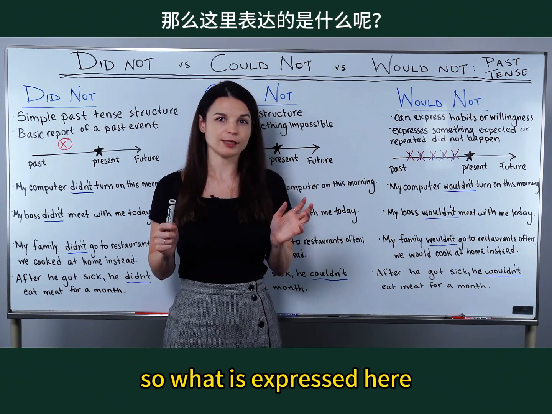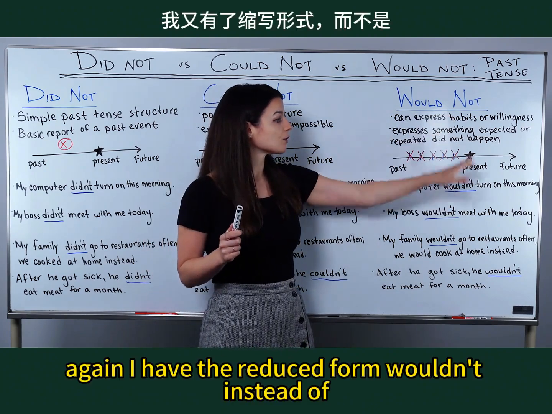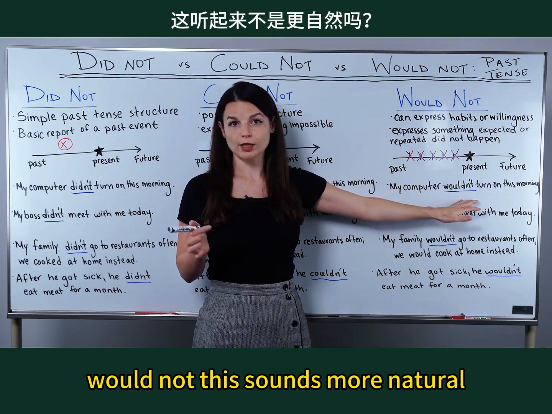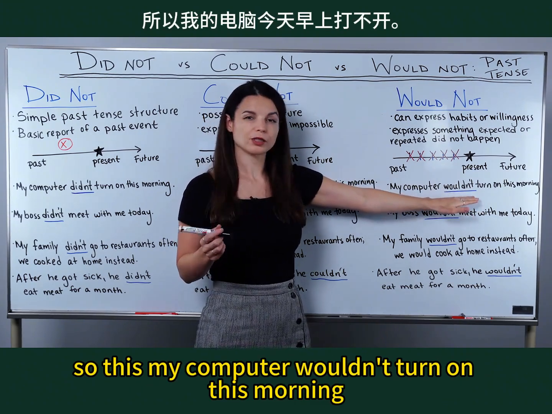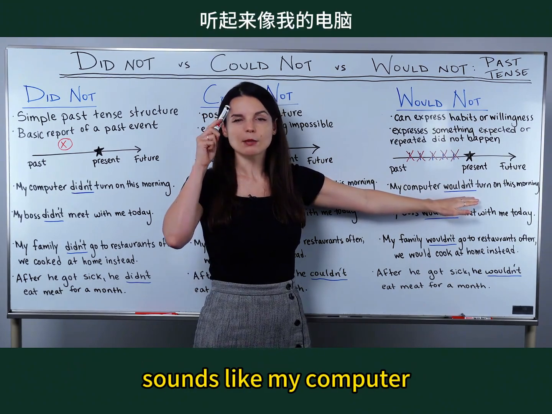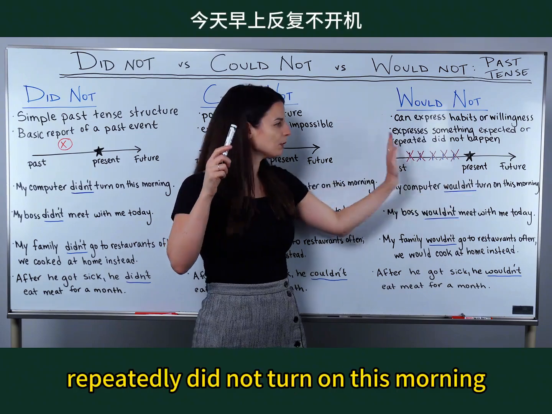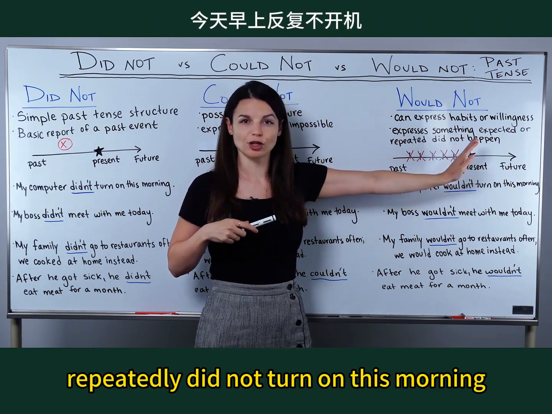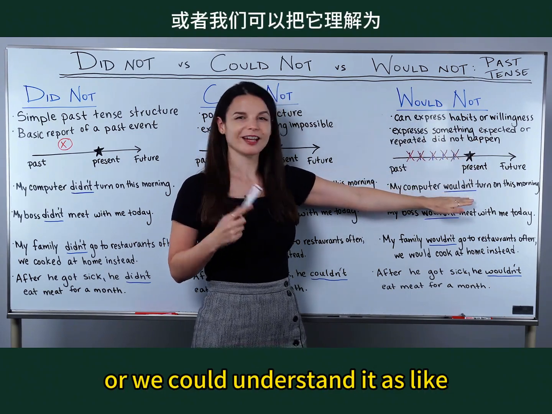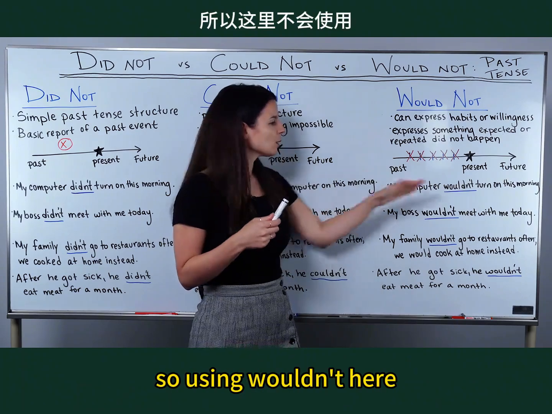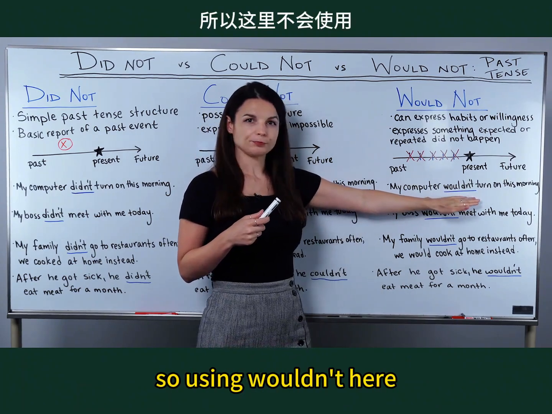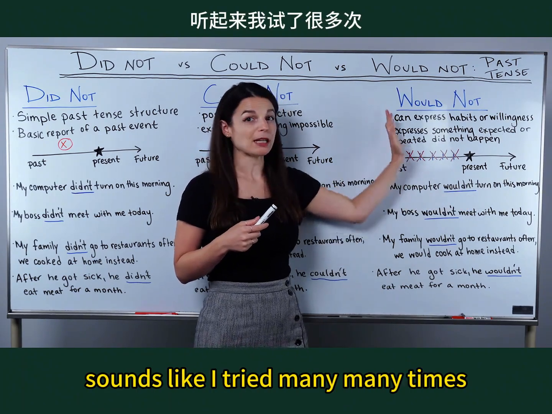So what is expressed here? Again, I have the reduced form wouldn't instead of would not. This sounds more natural. So my computer wouldn't turn on this morning sounds like my computer repeatedly did not turn on this morning. Or we could understand it as my computer was not willing to turn on this morning. So using wouldn't here sounds like I tried many, many times.